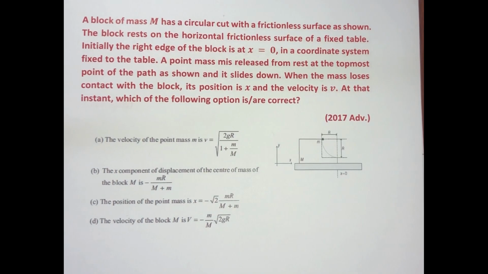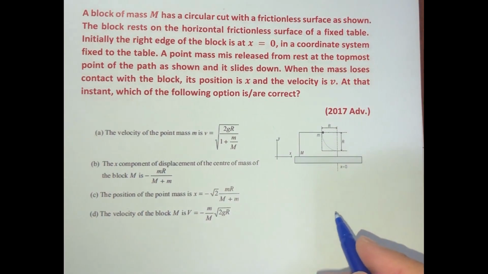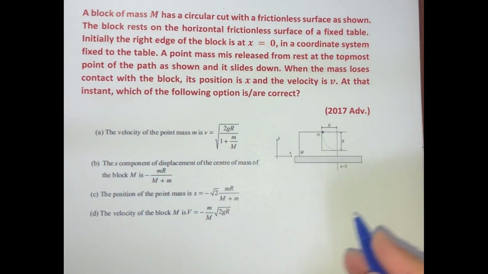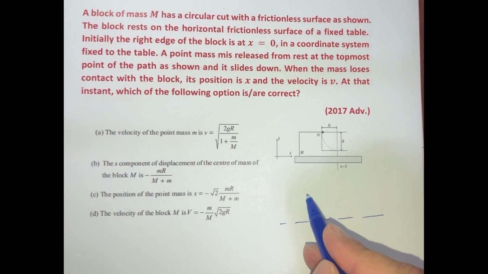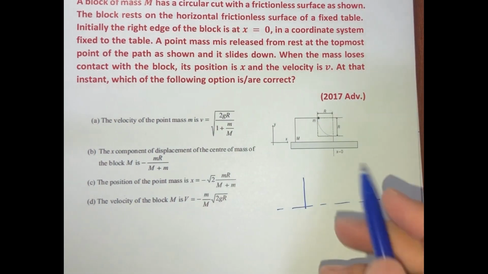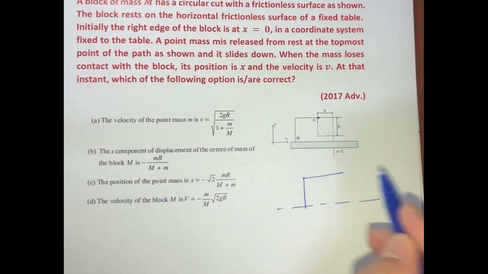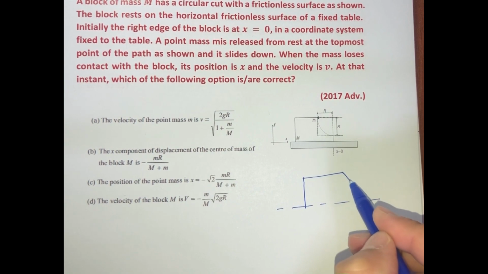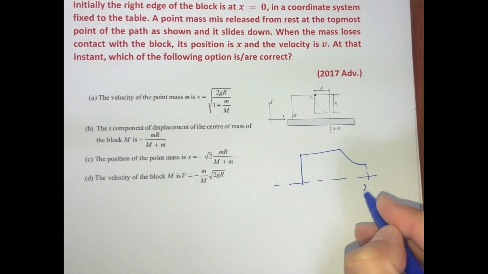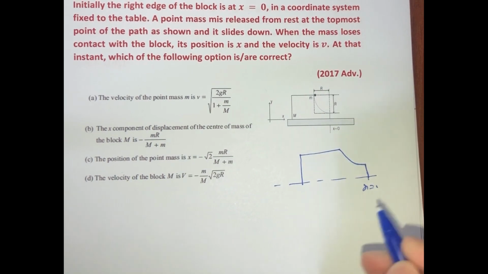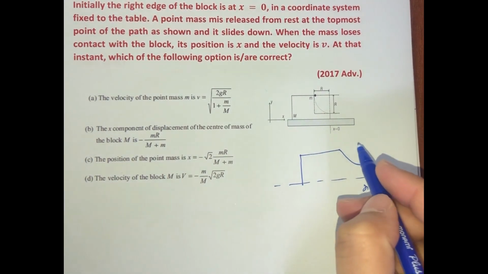So let us draw this figure once again. So this is the initial coordinate system, x equals 0, and we have a ball here.